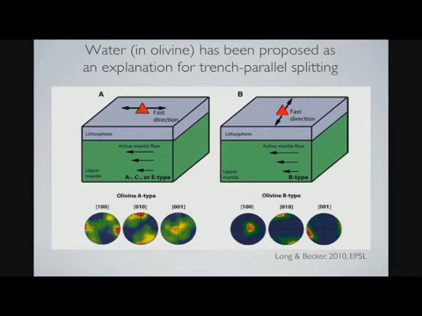The fast axis, the olivine A-axis, is now oriented like this, but the flow is still going away from the trench in this scenario. So this was the hypothesis going back to 2001: the way to explain the trench parallel splitting is that you do have flow going in towards the trench, as you would expect based on the plate motion. It's just that the olivine A-axis no longer records the seismically fast, so it no longer records the mantle flow direction.